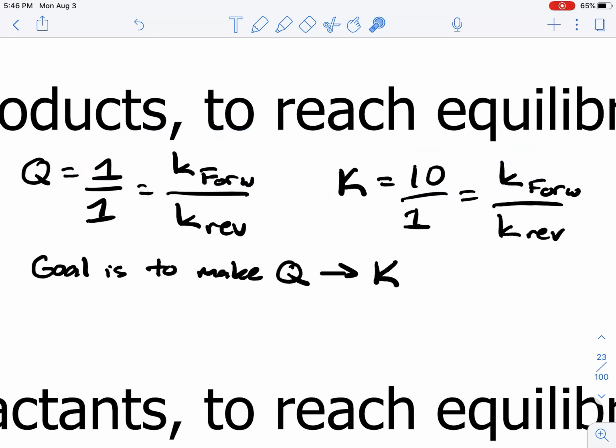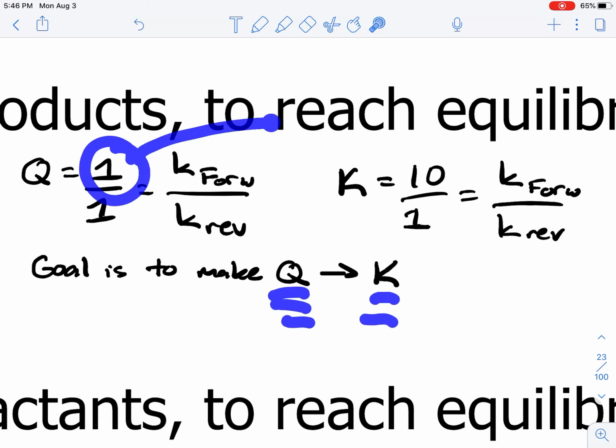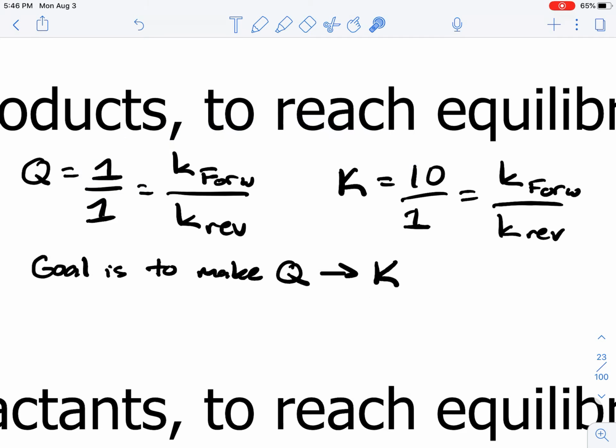And so for us to make Q equal to K, the rate of the forward in the course of this chemical reaction must increase until it reaches this value, if you will, which is going to represent the equilibrium.